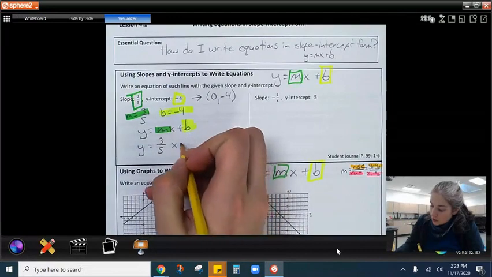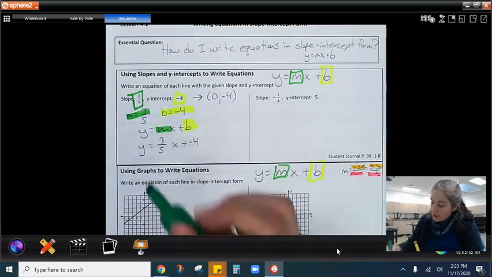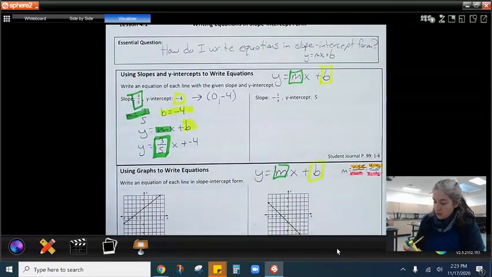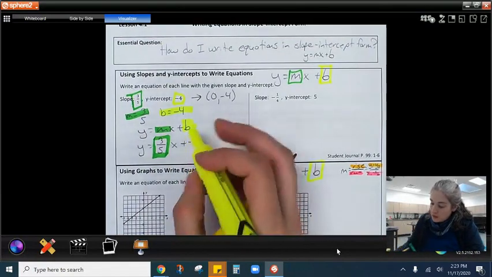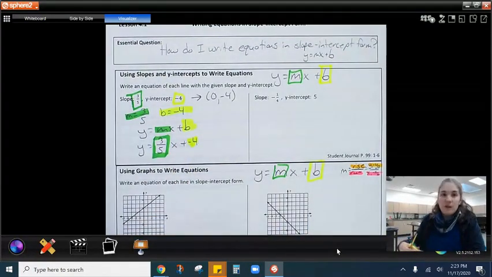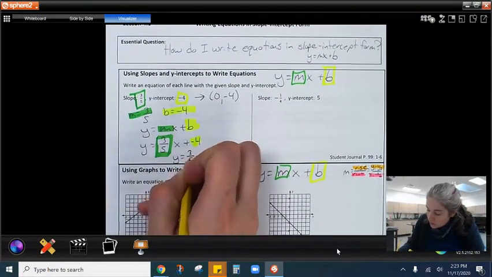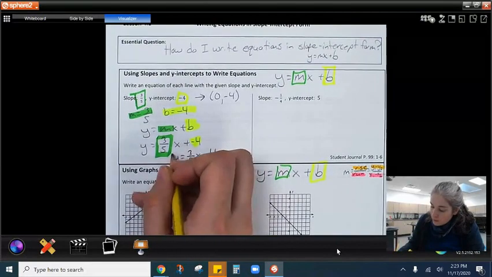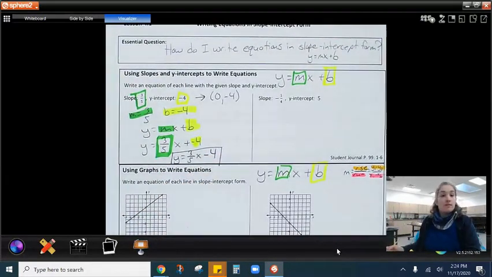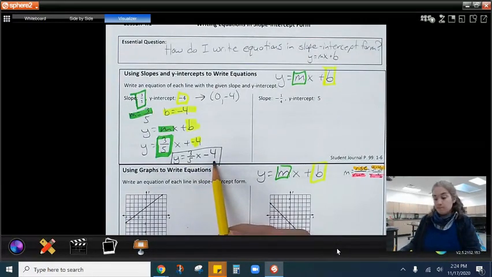And then I want to plug in a plus -4. Now, one thing I want you to be careful of is when you have this adding a negative, we can rewrite that so that we have y equals 3/5 x minus 4. So this is the equation of the line with the slope 3/5 and the y-intercept at -4.